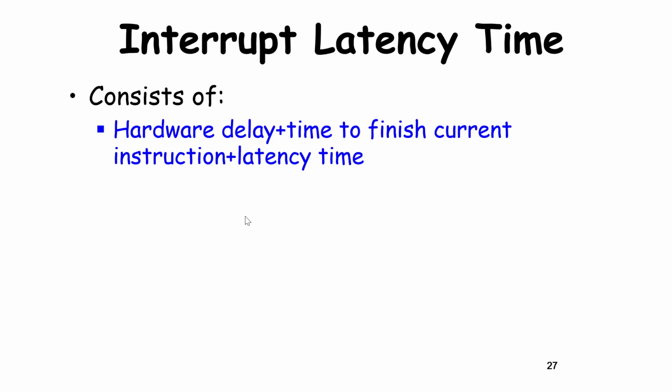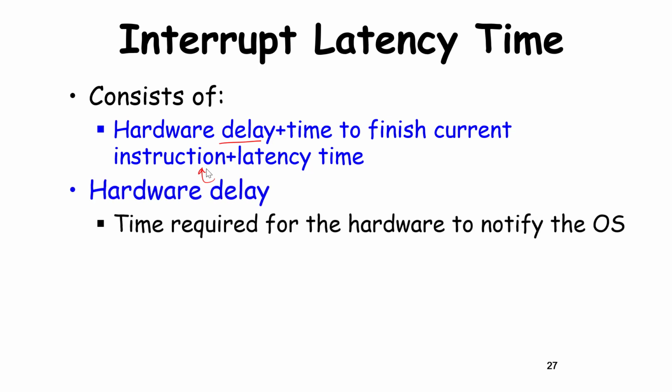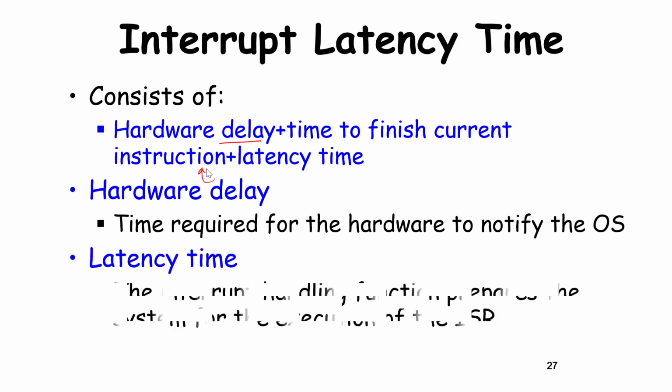So what would it consist of? As we have seen, the components are the hardware delay and the time to finish the current instruction, because it has to get out of the pipeline, and other hardware latencies that are involved. The hardware delay would be the time required to notify the OS.